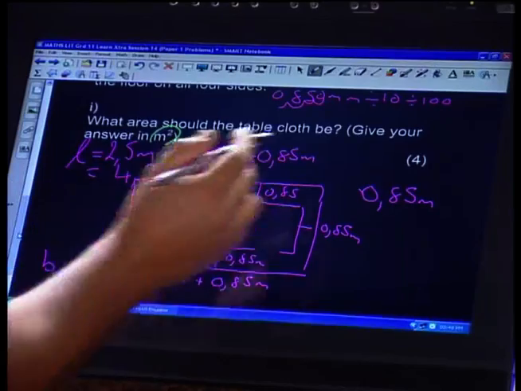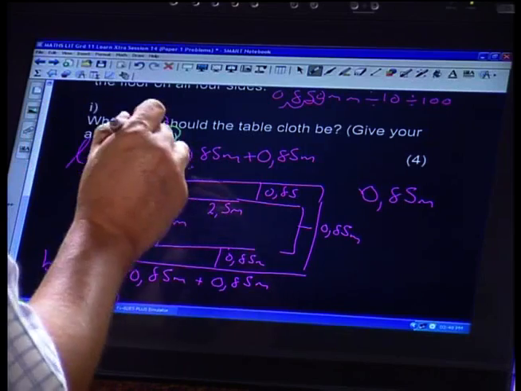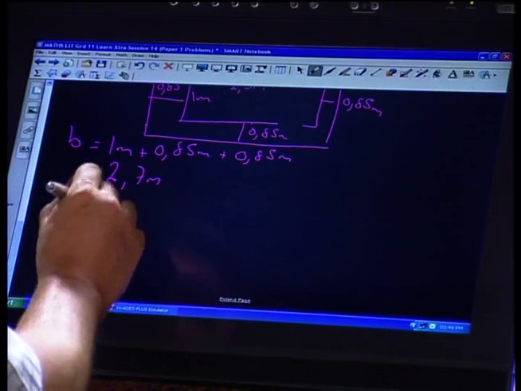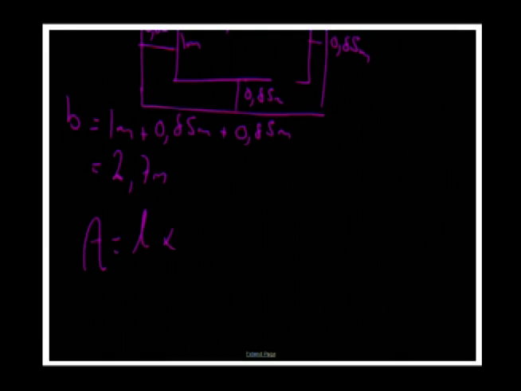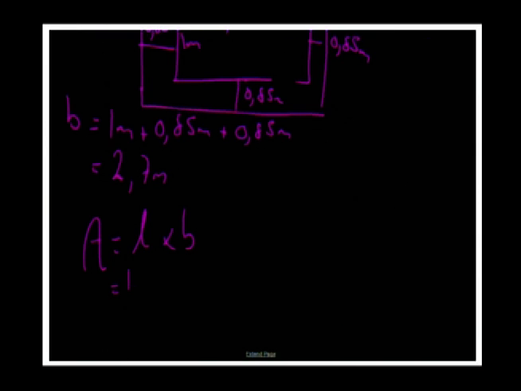But the question was, what is the area? Let's look here. What area should the tablecloth be? Give your answer in meters squared. So let's have a look at that then. Area we know is length times breadth. What was my length? 4,2 meters. So I've got 4,2 meters multiplied by the breadth, which is 2,7 meters.